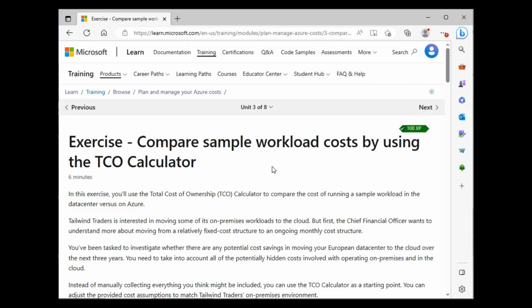You've been tasked to investigate whether there are any potential cost savings in moving your European data center to the cloud over the next 2 years. You need to take into account all the potentially hidden costs involved with operating on-premise and in the cloud.